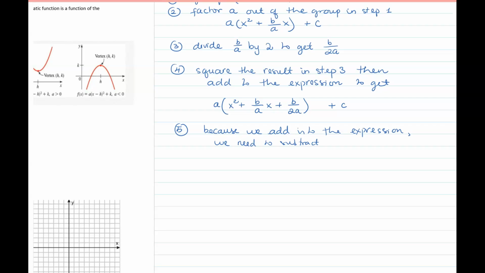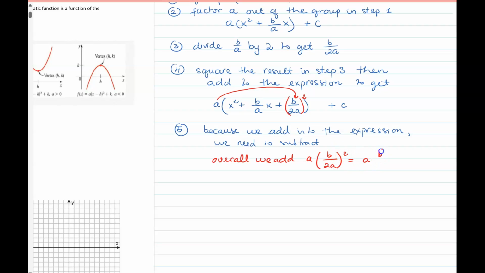So if you look at this, we add b over 2a squared into the parentheses, which meant overall we added a times b over 2a squared into the equation.